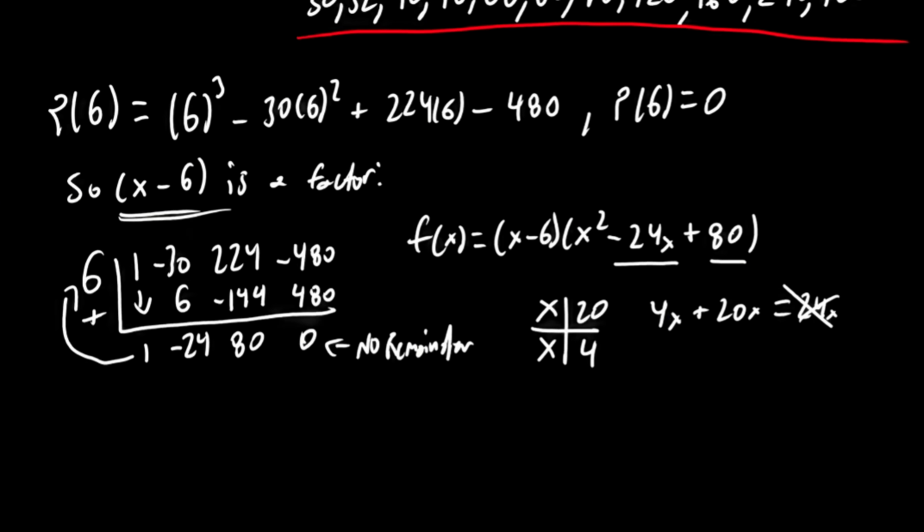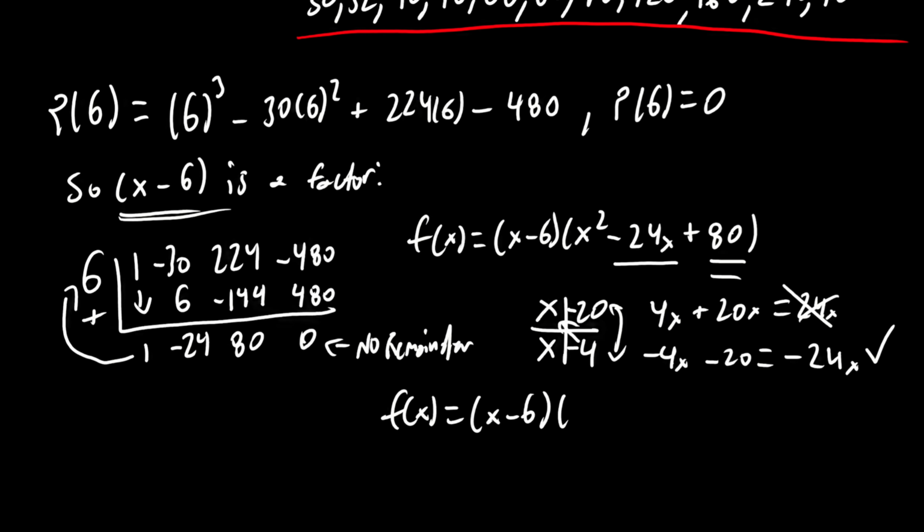A simple fix would be making both of these negative, as negative 20 times negative 4 still gives us 80, but now, when we multiply diagonally, we get negative 4x minus 20x to give us negative 24x. Now our new equation is f of x equals x minus 6 times x minus 20 times x plus 4.